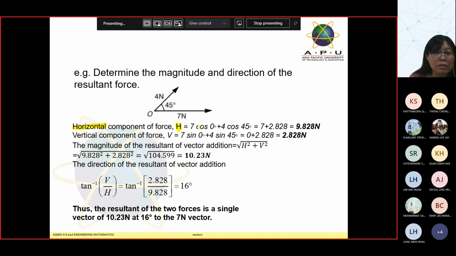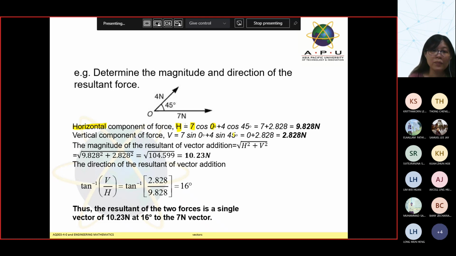So let's start with the H, right? Can you see for 7 Newton is exactly pointing to the right. So 7 Newton itself is already the horizontal. That means the angle to the horizontal is 0. So which is 7 cos 0. Or you can just write as 7 because cos 0 is actually giving you 1.